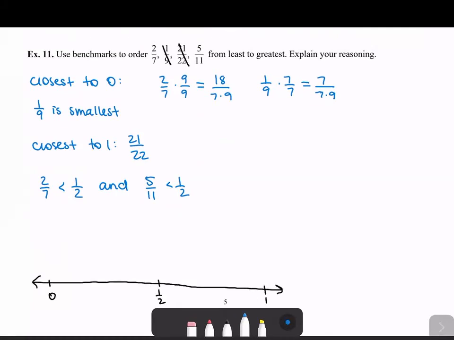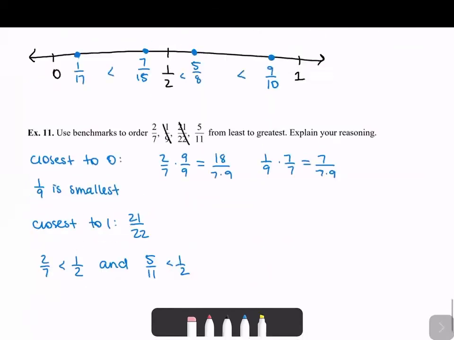We've already placed 1/9 here, and we can place 21/22 there. And so now we're trying to place 2 sevenths and 5 elevenths, and they're both somewhere in there, right? Less than a half. So we're going to need another benchmark to compare them.